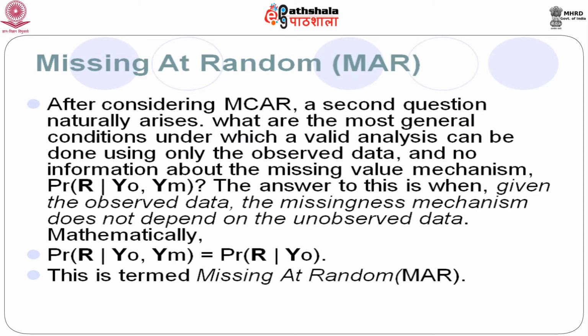Missing at random, what we meant in the last slide, is that probability R given y naught and y m is probability R given y naught. That means it does not depend on the missing observations. So, whether an observation is missing will depend only on the observed values of the variables, but not on the missing ones.